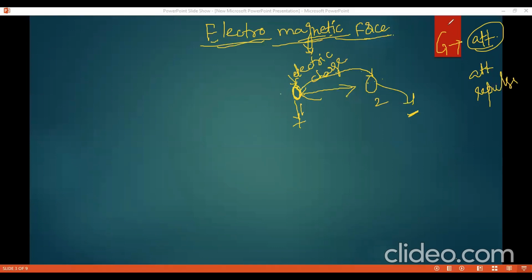Understood? If you compare electromagnetic force with gravitational force, the gravitational force is weakest, but electromagnetic force is not that weak. Also, electromagnetic force is either attractive or repulsive, whereas gravitational force is totally attractive. Understood?